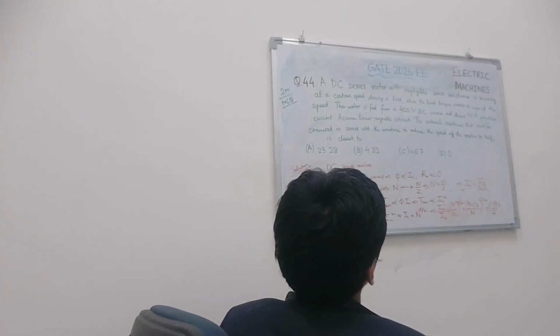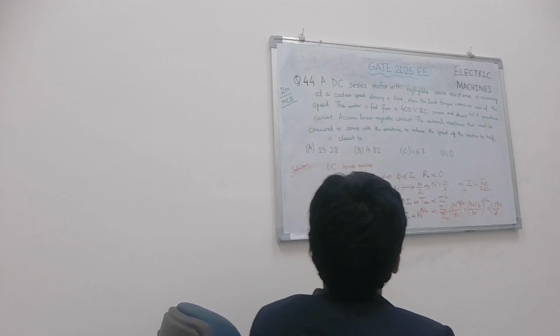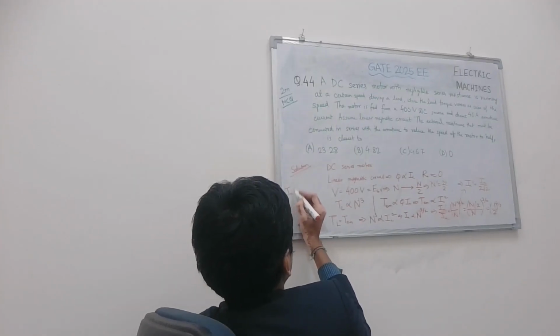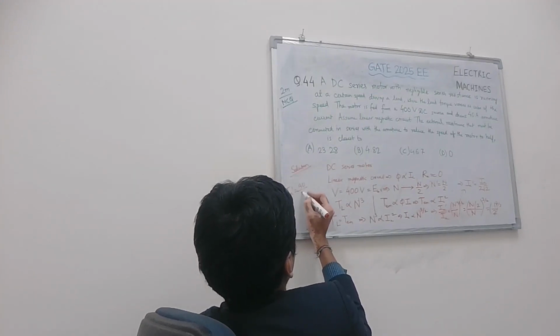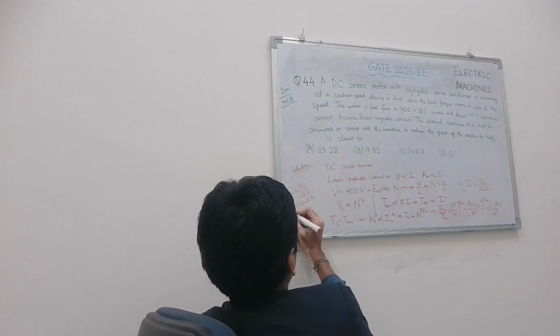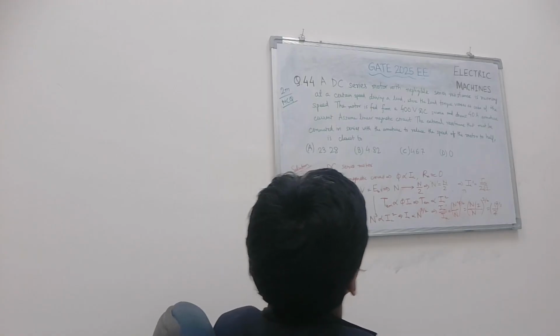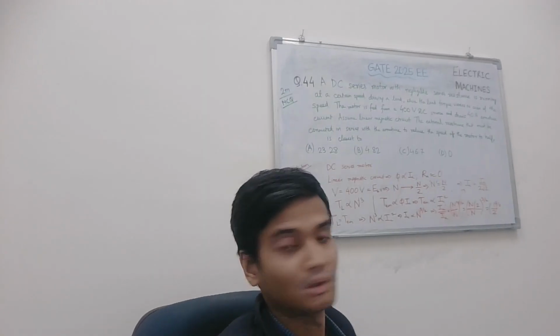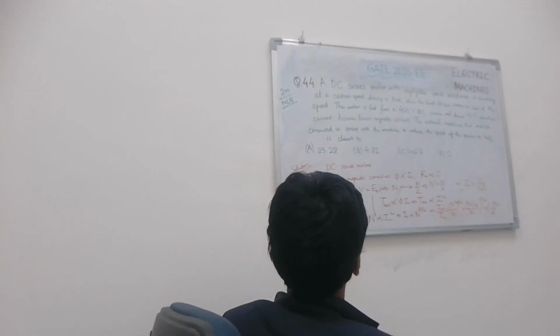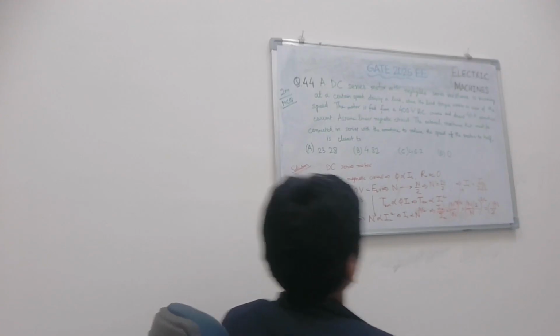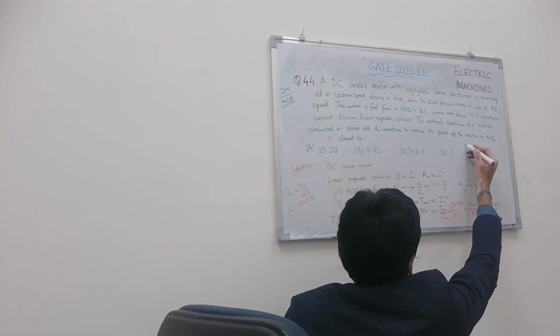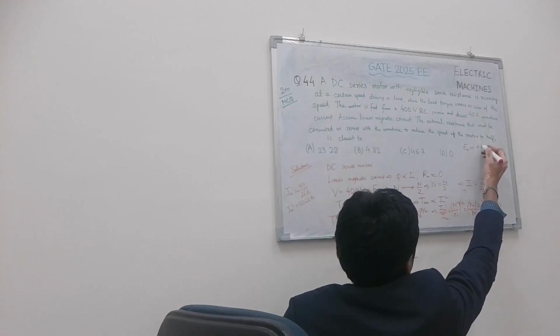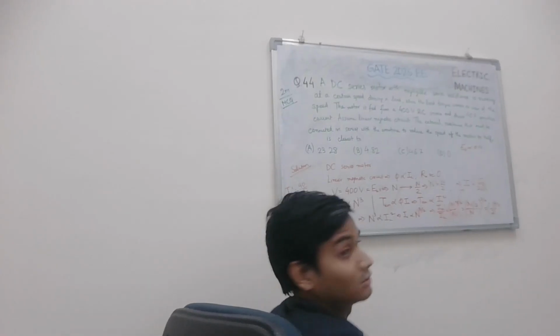Ia by 2 root 2, so Ia prime will be 40 by 2 root 2, that is 10 root 2 amperes. Also, back EMF is proportional to phi into n.